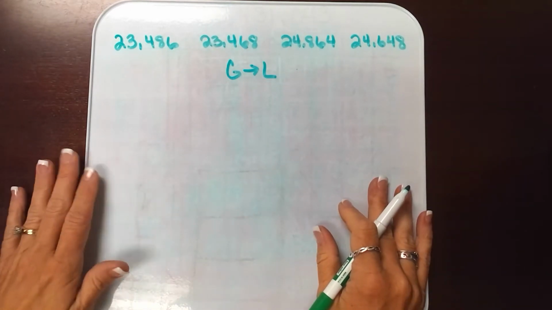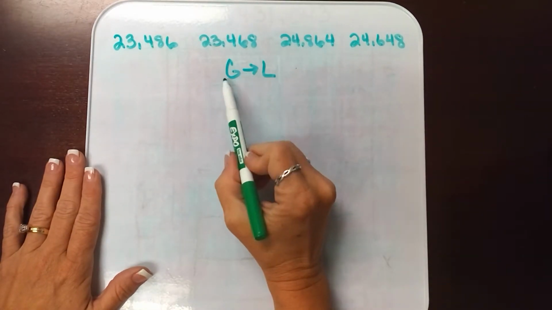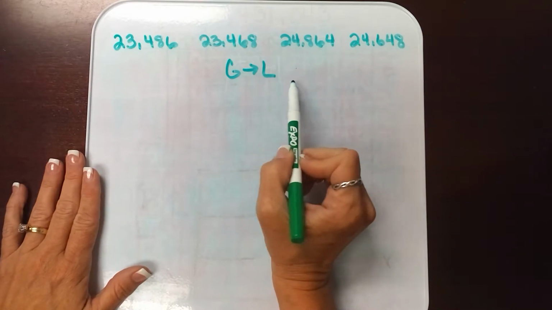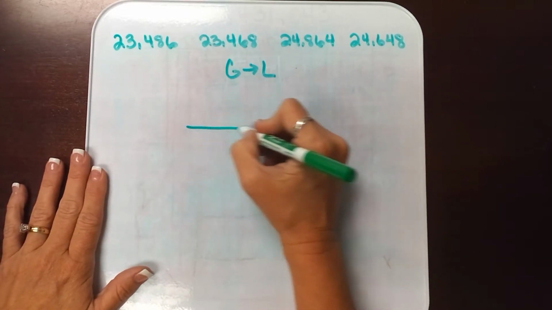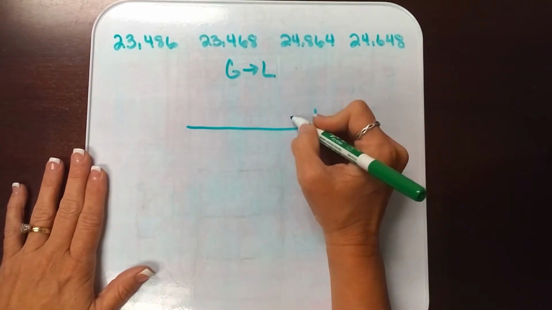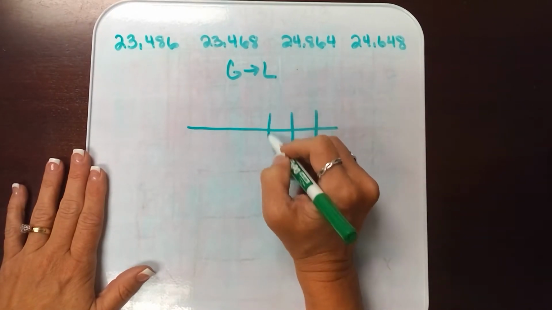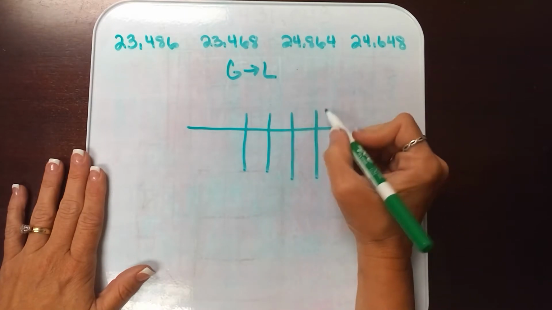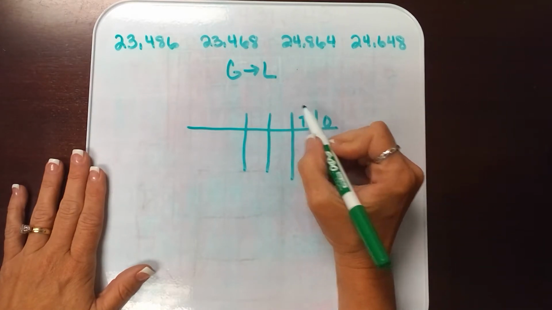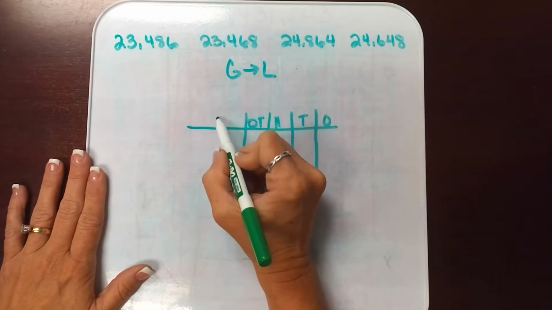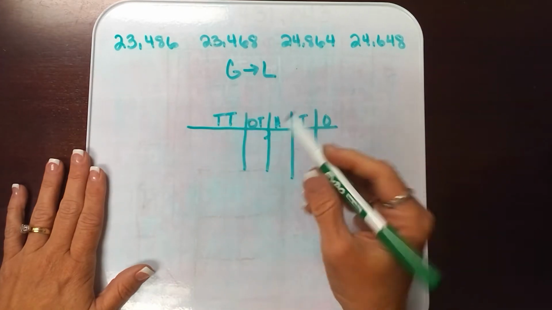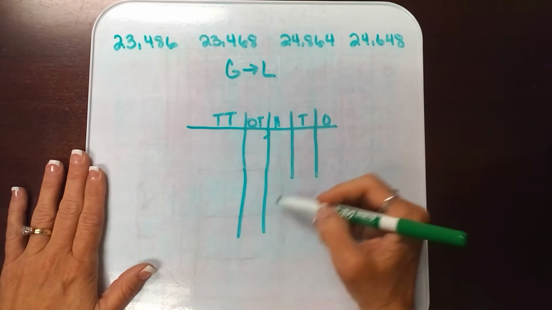First thing I have my students do is to put the G to L or the L to G, so that they understand beside the problem which one they are doing. Then they create their place value chart. The highest place I have here is the 10,000, so we only have to create our chart to the 10,000s place. Then I'm going to bring these numbers down.